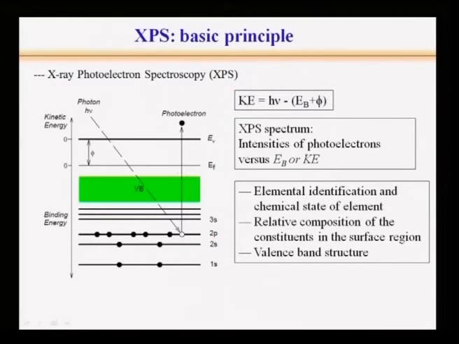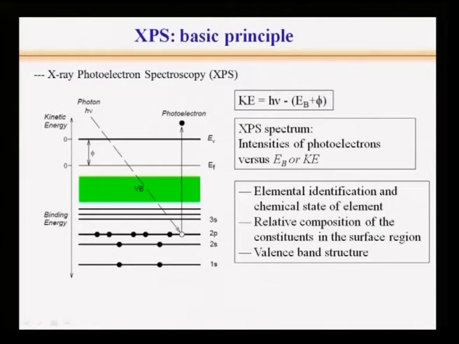It has to go above the Fermi level, and if it has higher energy than the work function, it will go even above the vacuum level. That's why the kinetic energy of that electron is h nu minus the binding energy of the electron plus phi. So if we know this Ke, we can calculate the binding energy.